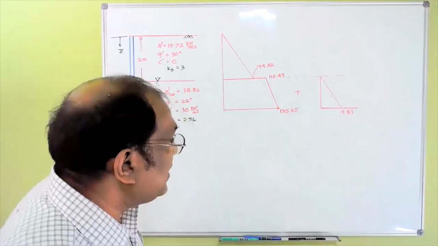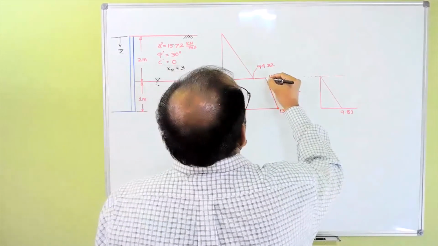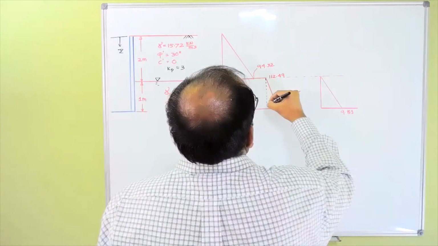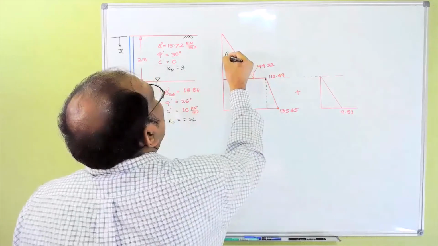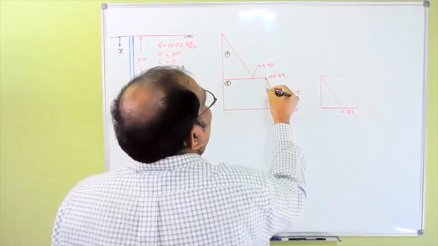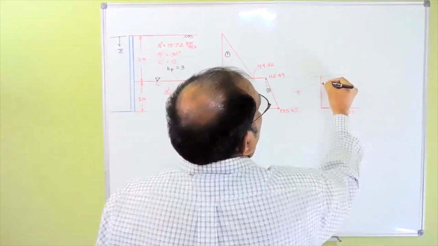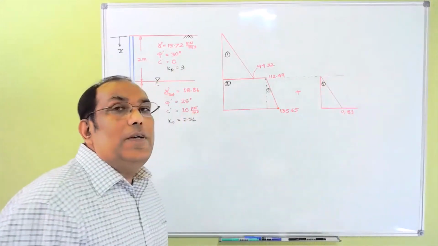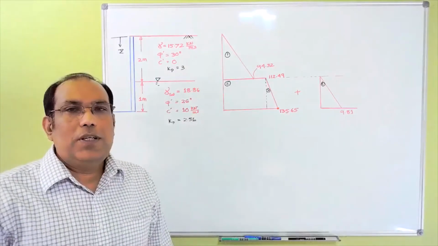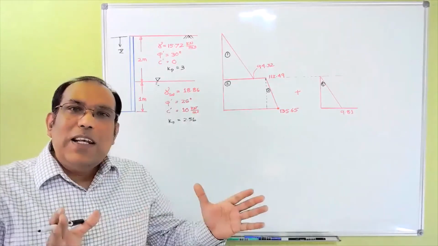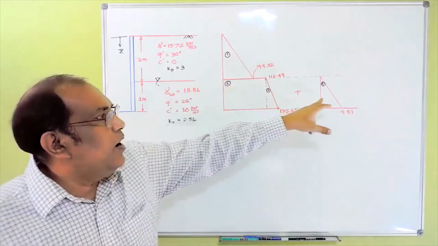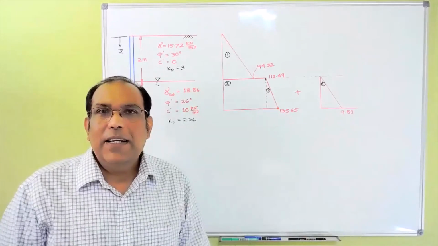So I can just again divide that one into 3 different areas. And that's actually 4 areas, including the water table. So my total pressure or total force working per unit length of the wall is just the area of this pressure diagram, right?